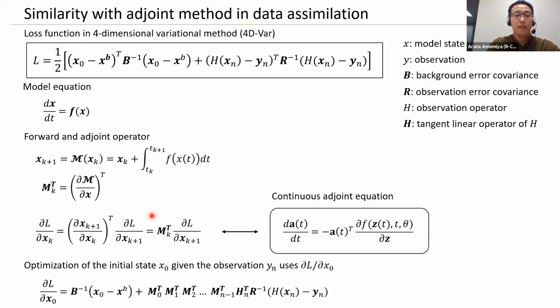This is equivalent to the continuous adjoint equation we saw in the last slide. Using this relationship, we can get the gradient with respect to the control variable in this form.